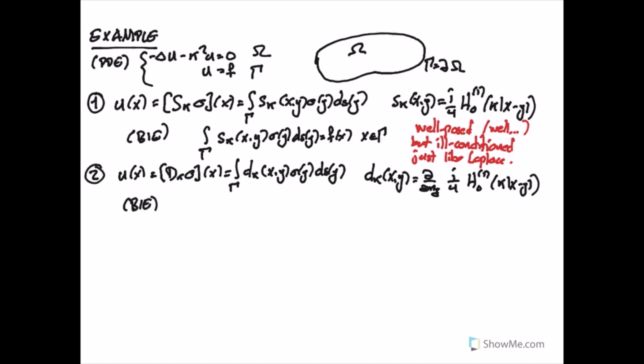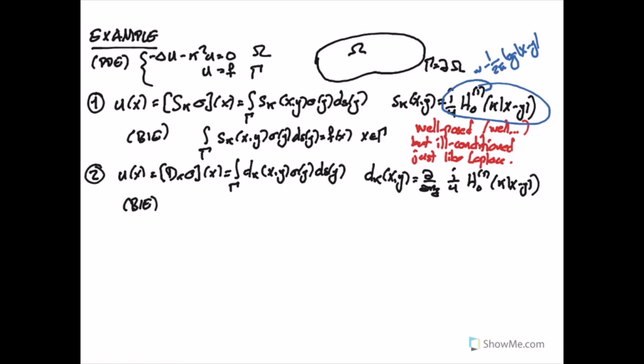So observe here that, this is an important point, the singularity of this function, for small x and y, behaves exactly like it does for the Laplace equation, which it must, right? Because at very small distances, the second term doesn't really matter much.